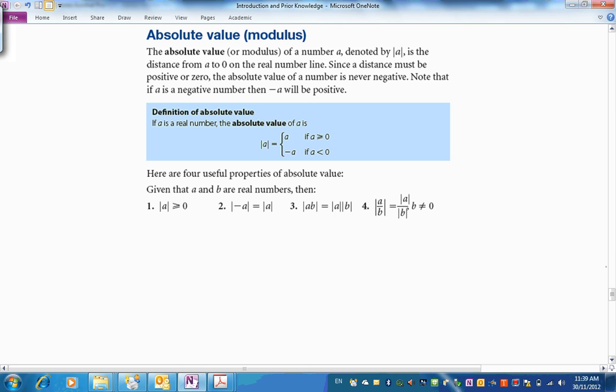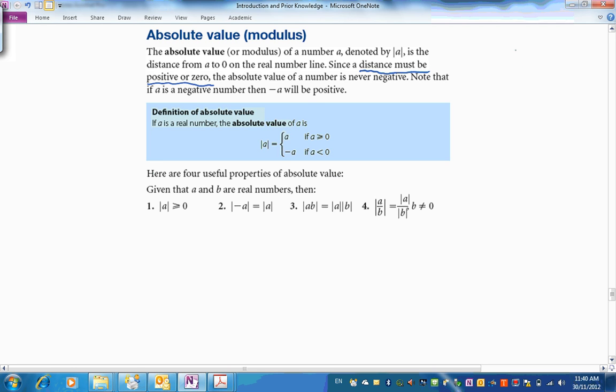Okay, so I'm going to take Pearson's definition of this, quite neatly explained here. The absolute value or modulus of a number is, if you like, its size or its distance from the origin on the real number line. So distance is positive or 0, so that's a secret thing here.